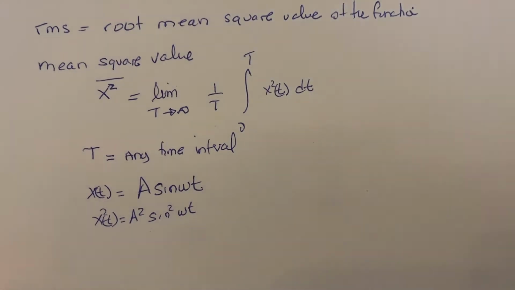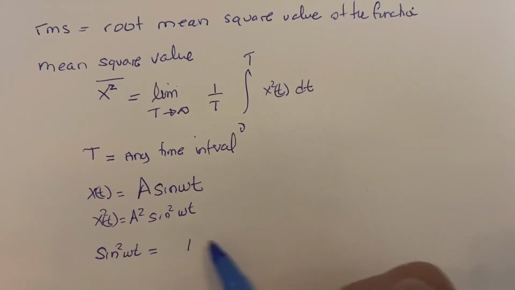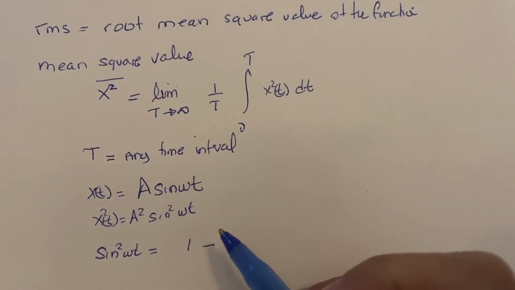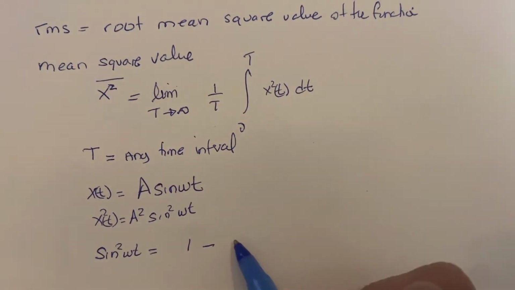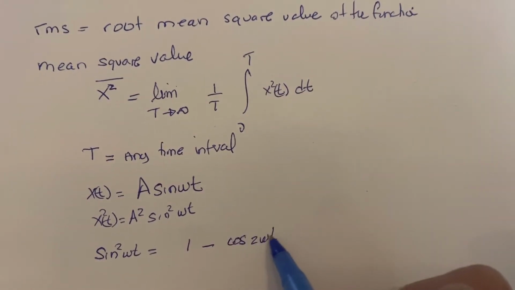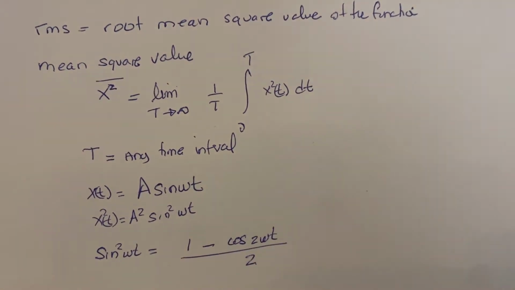That identity gives us that sine squared wt is equal to 1 minus cosine 2wt over 2. So that's an identity.